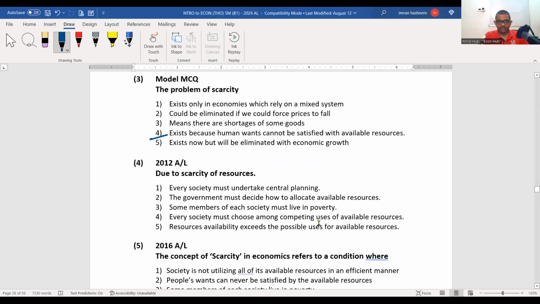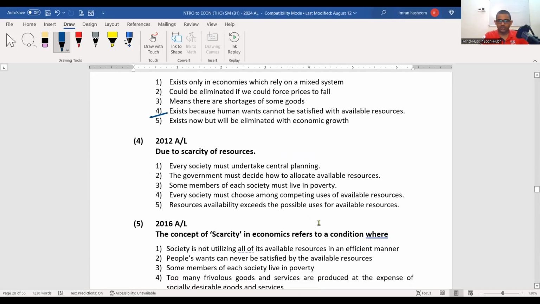Right. 2012: due to scarcity of resources, because of scarcity, right? This is where scarcity is the central problem. Because of scarcity, other problems are created. Every society, right? So again, you are coming up with your answers. Good. Okay. Every society must undertake central planning.